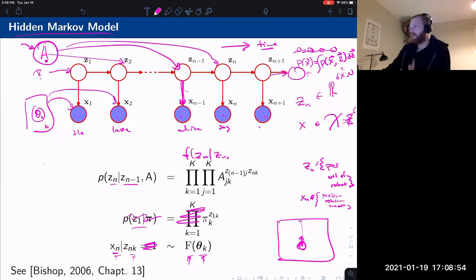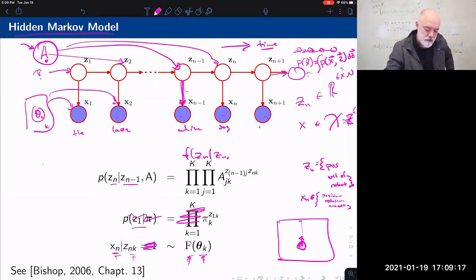Can I ask another question about this? Absolutely, please. You were talking about Markov random fields earlier. Is there some link between a Markov random field and a hidden Markov model? As in, a hidden Markov model would be like a stepwise Markov random field?